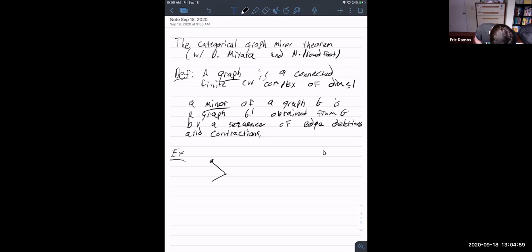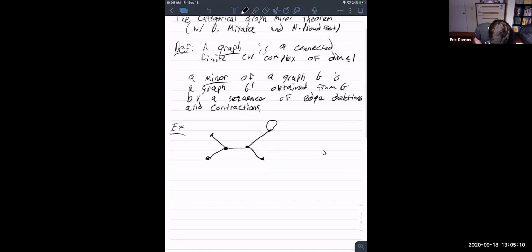For example, maybe something real simple. We can have a graph like this. Maybe it has a loop. And this will be a minor of the graph that looks like this.